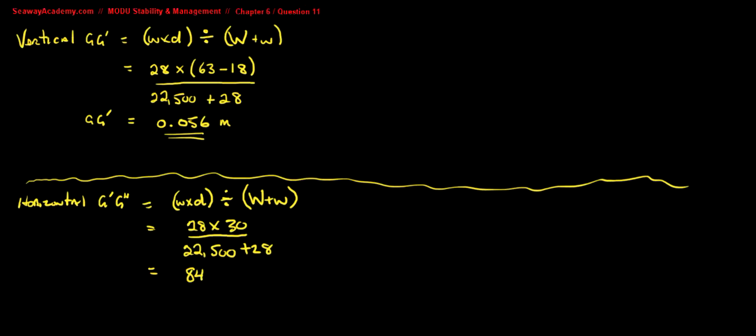So your horizontal shift would be 840 divided by 22,528. So it gives you a shift G to G2, which is your horizontal shift, of 0.037 meters.